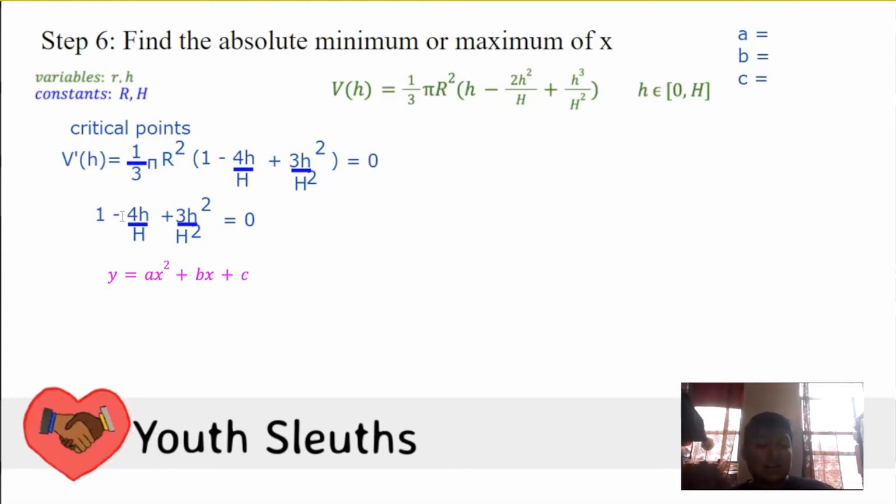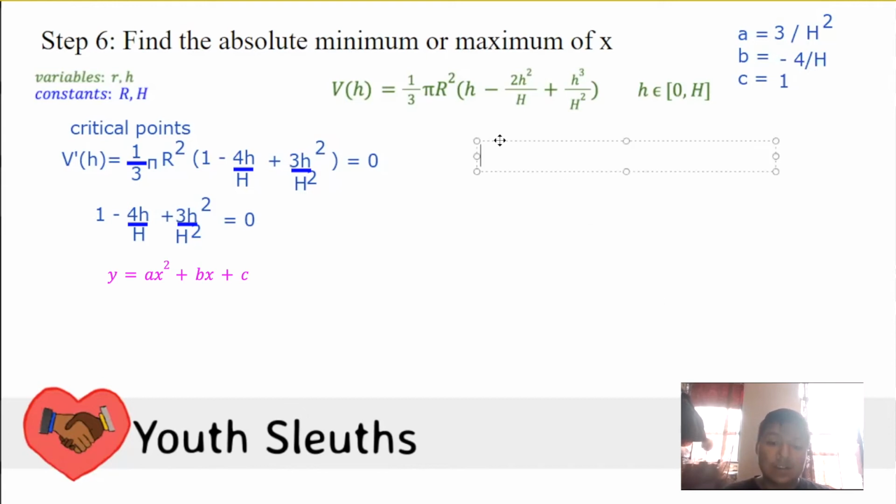So if we look at our equation, our a will be the one next to the variable squared. So we have 3 divided by big H squared. That would be our a. Now for our b, it would be negative 4 over big H. And if we look at our c, it's simply 1. So now that we have all 3, we could start using the quadratic formula.